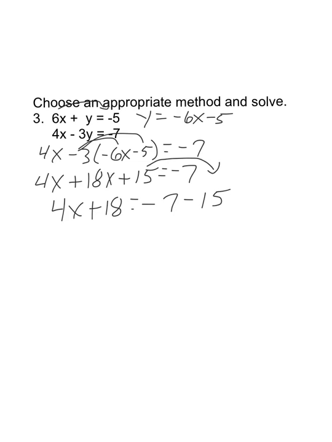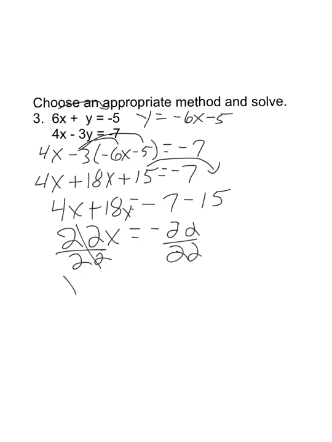So 4x plus 18x equals 22x equals negative 7 minus 15, which is negative 22. Now final step, divide by 22. And x would equal negative 1.